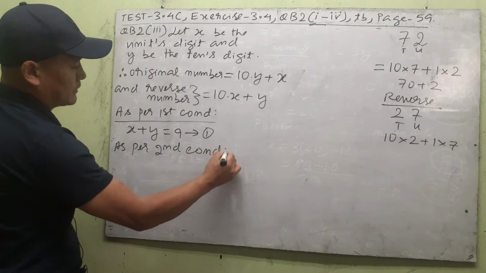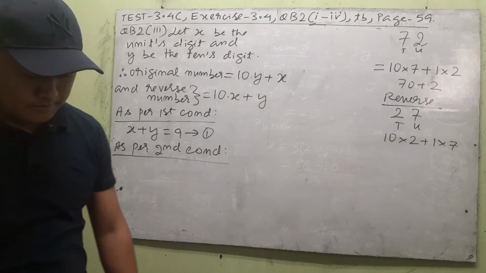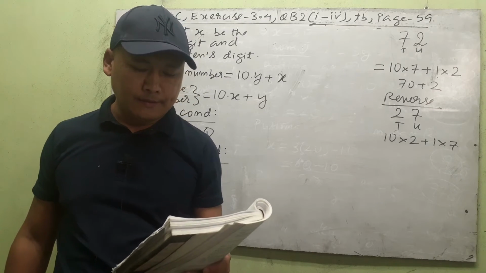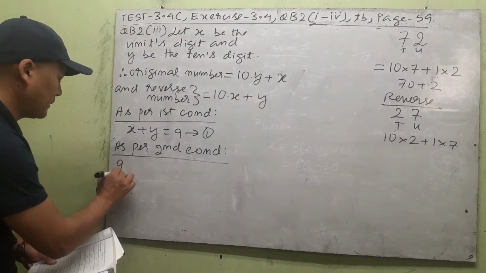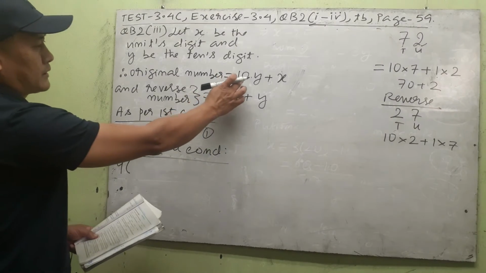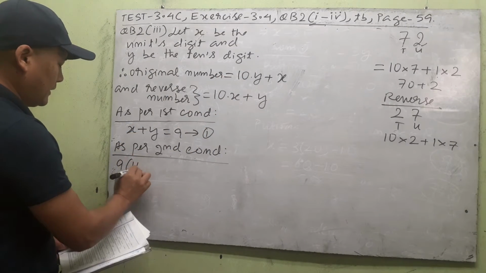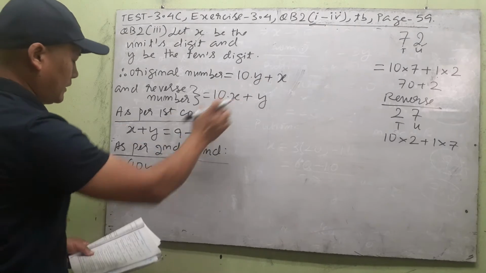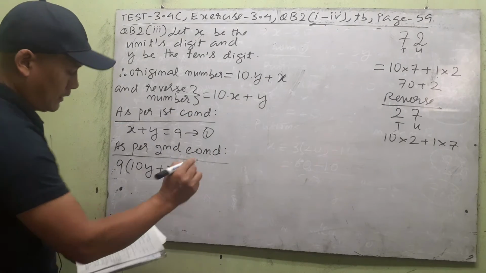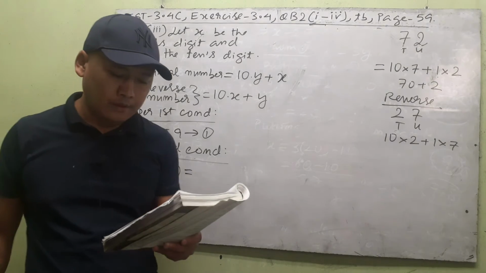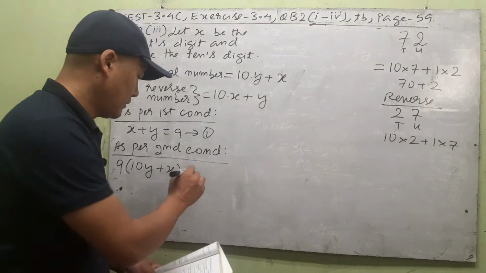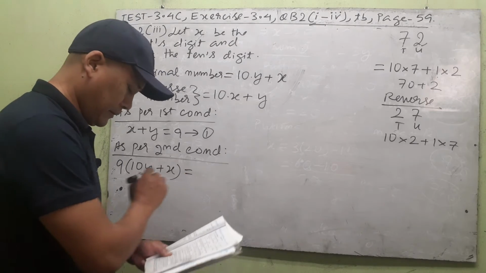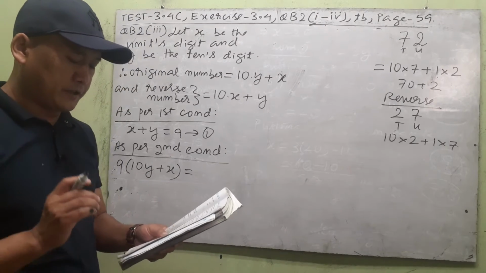And as per the second condition, let me read the question. Here, second sentence: also 9 times this number. So 9 times means 9 multiplied to the original number. 9 times 10y plus x is the original number, and 9 times the original number is equal to twice the number obtained by reversing the order of the digits.